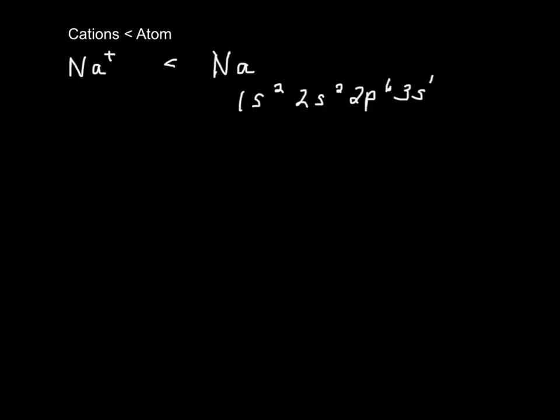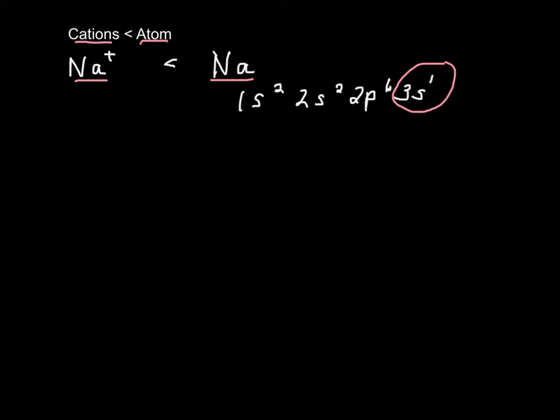So first of all, cations are always smaller than the atom that they came from. For instance, Na plus is smaller than Na. Well, let's look at why. If you look at the electron configuration for Na, 1s2, 2s2, 2p6, 3s2, when we talked about how metals form ions, cations, we said that they're going to lose their valence electrons.